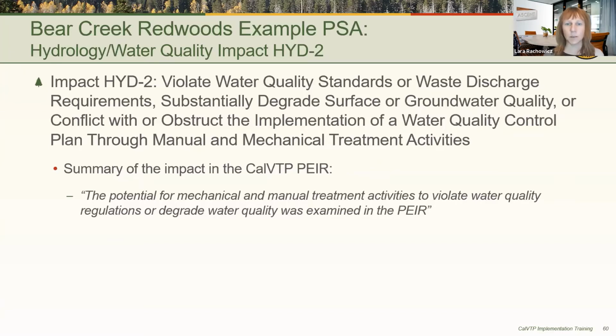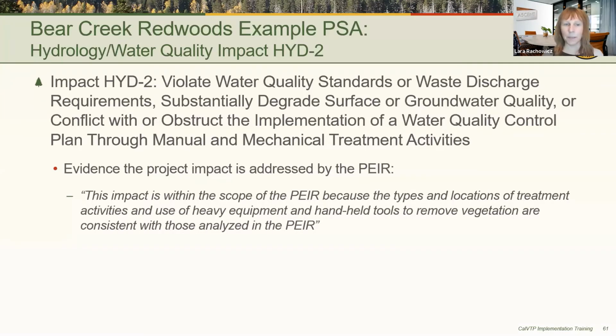In this case, the summary of the impact is that the potential for mechanical and manual treatment activities to violate water quality regulations or degrade water quality was examined in the PEIR. Also, the checklist that precedes the impact discussion identifies the PEIR page number where the impact is analyzed. Next slide.